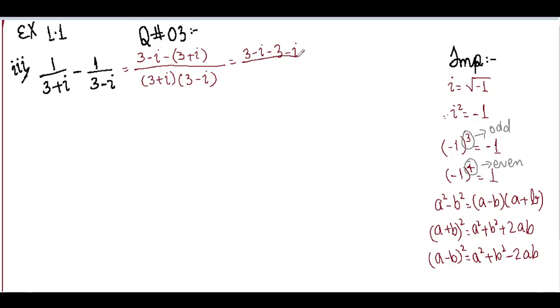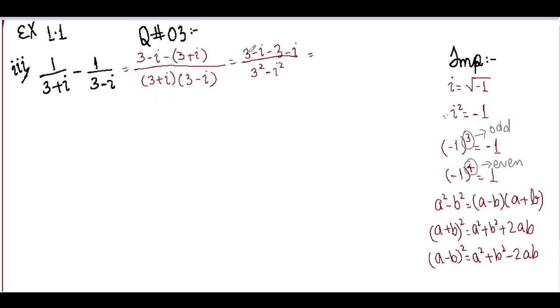And then in the denominator we can see that it makes the formula of a plus b into a minus b, which gives us a square minus b square. Okay, so here a is 3 and b is iota. So 3 square minus b square is iota square.